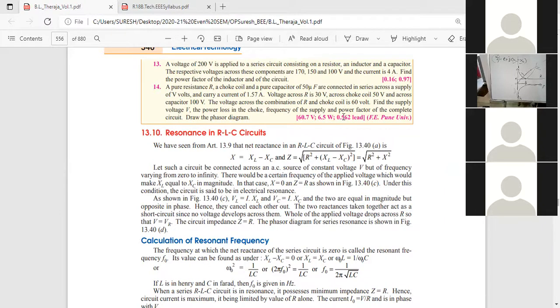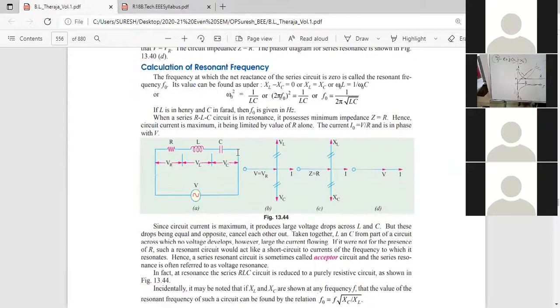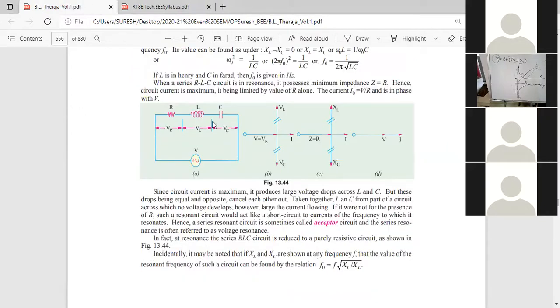Okay, listen here. This is a series RLC circuit.